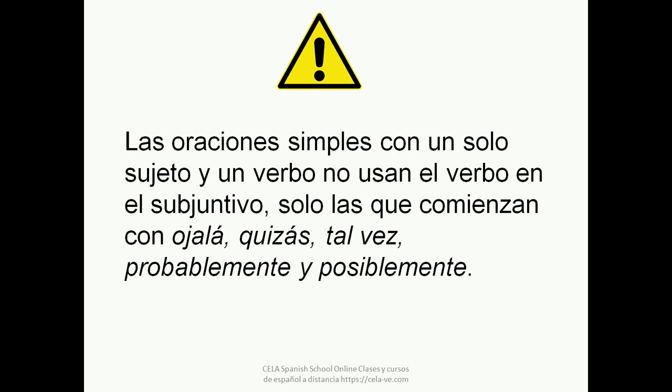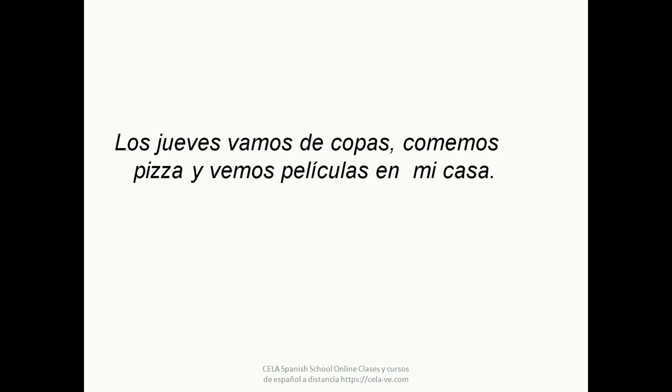Please do not forget that in simple sentences with a subject and a verb, we do not use the subjunctive. Only in sentences with ojalá, quizás, tal vez, posiblemente, and probablemente. For example, los jueves vamos de copas, comemos pizza y vemos películas en mi casa.